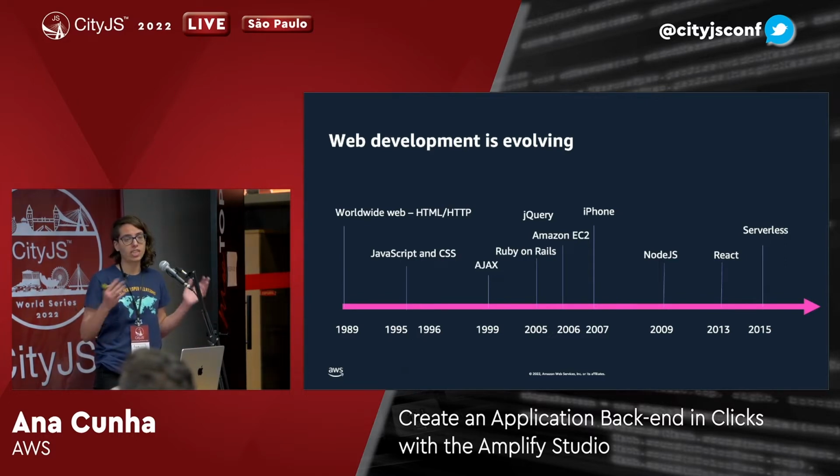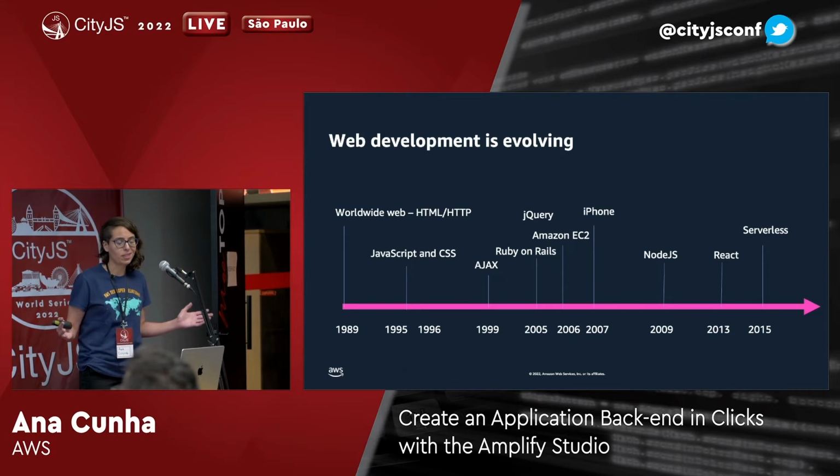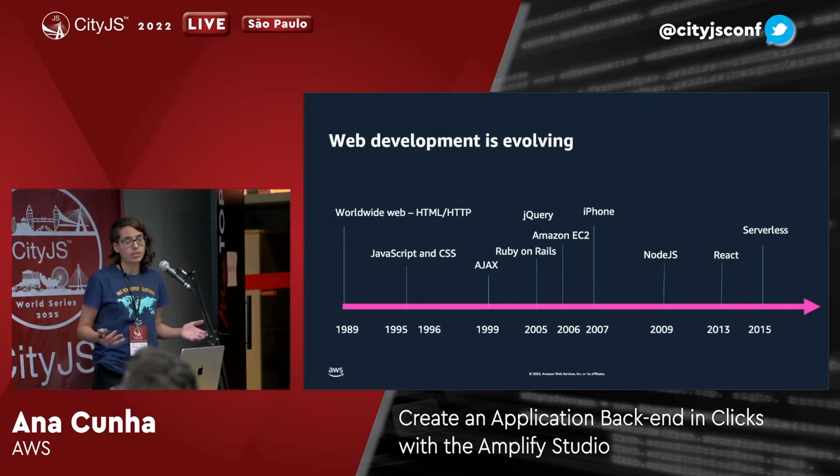Smartphones became popular, and we started to think about apps, not just browsers. Node made it easier to use the same programming language in the front end and back end, and several JavaScript frameworks also facilitated this evolution.